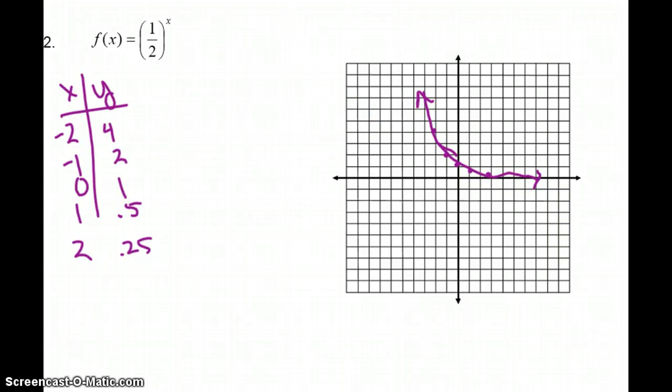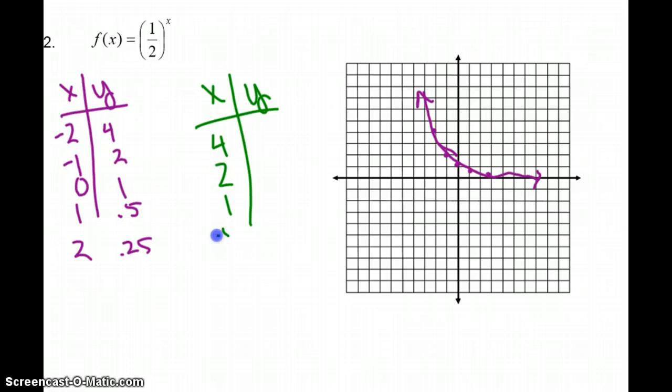Now we're going to graph the inverse. To get the inverse function, to graph it, all you have to do is swap your x and y. So our x values are now going to be 4, 2, 1, 0.5, 0.25, and our y values will be -2, -1, 0, 1, 2.